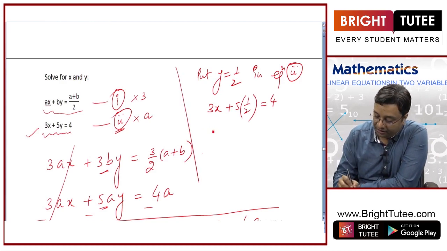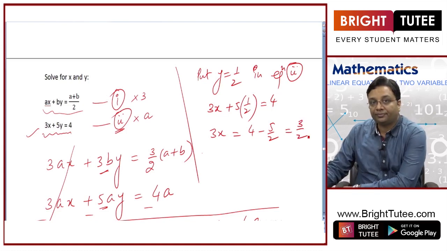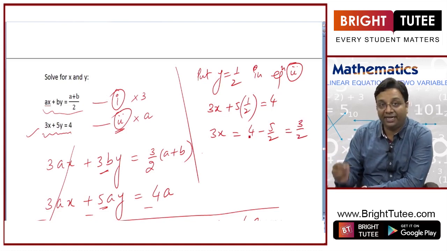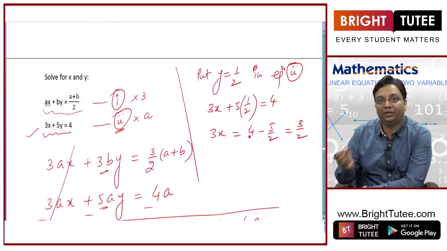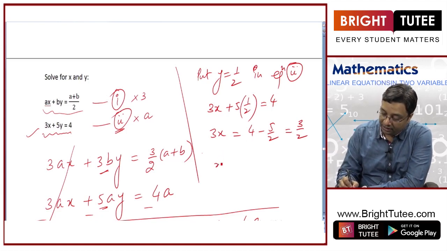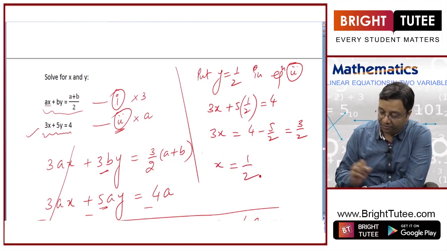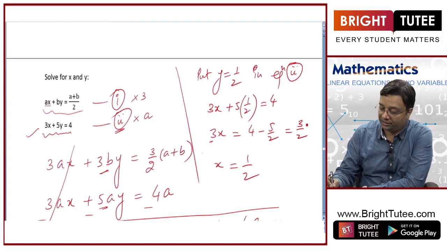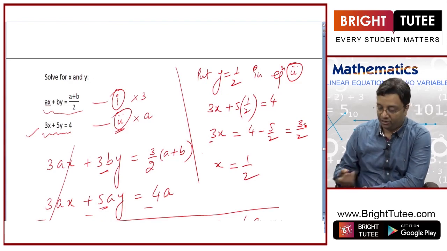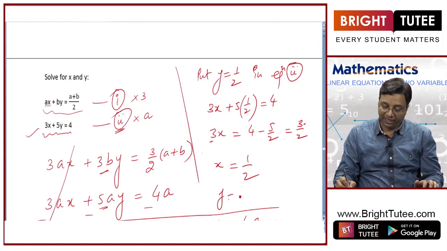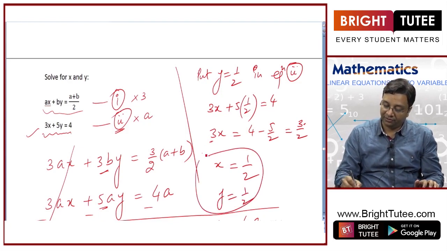So this will give me 3x is equal to 4 minus 5 by 2, that is 3 by 2, right. 4 is nothing but 8 by 2, 8 by 2 minus 5 by 2 is 3 by 2. So x is equal to again 1 by 2, because this 3 will cancel out this 3. So x is 1 by 2, y is 1 by 2, and this is my final answer.